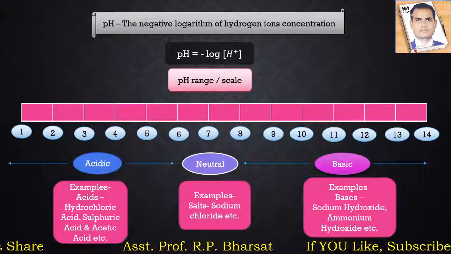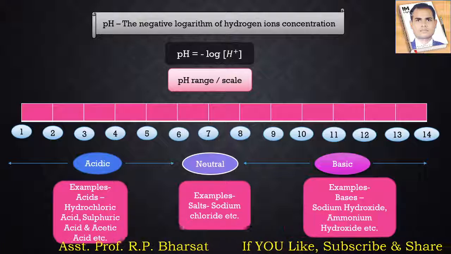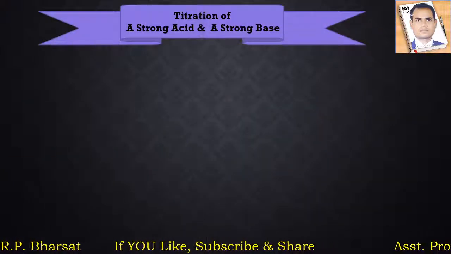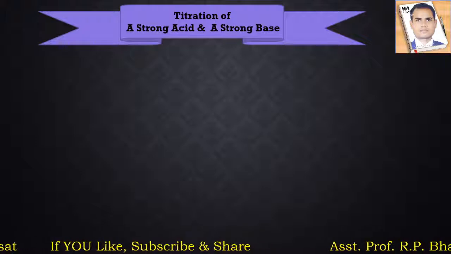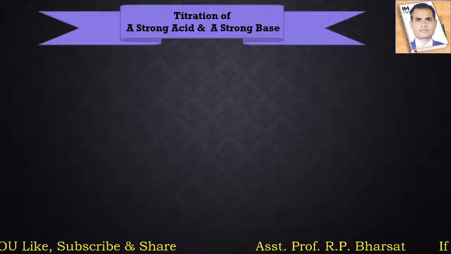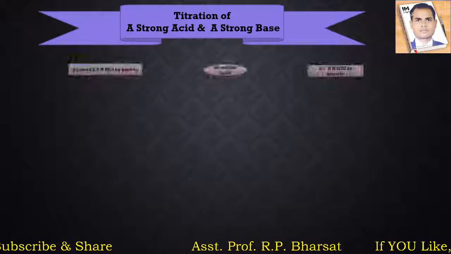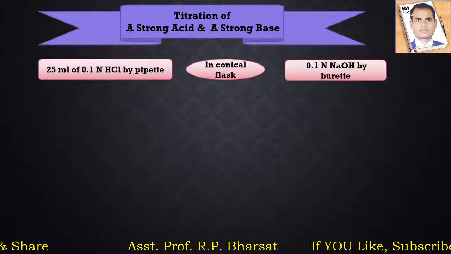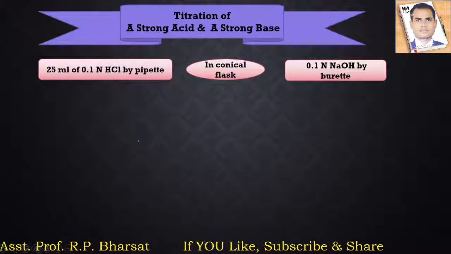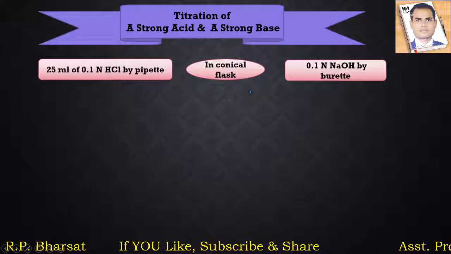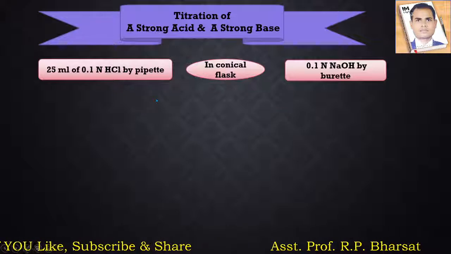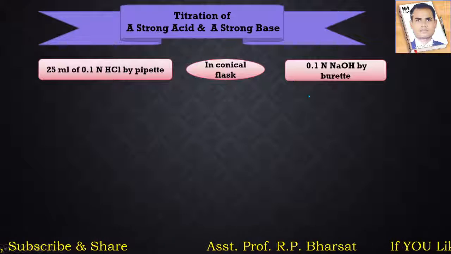Now we have to see the first type of titration curve, that is, titration of a strong acid and a strong base. Let us consider the titration between HCl and NaOH. HCl has less than 7 pH and NaOH has more than 7 pH, so HCl is in an acidic state and NaOH is in a basic state.